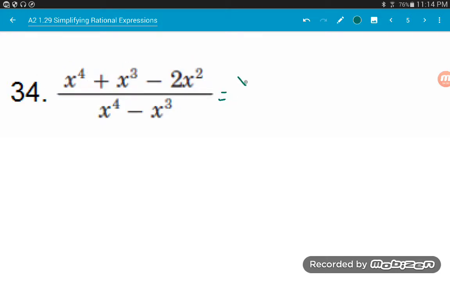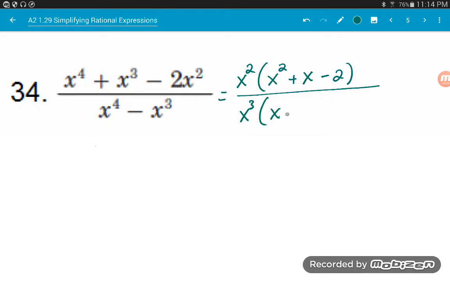Greatest common factor is x squared, leaving me with, on the inside, x squared plus x minus 2. On the bottom, I see a GCF of x cubed. So if I pull out an x cubed, I'm going to be left with x minus 1.